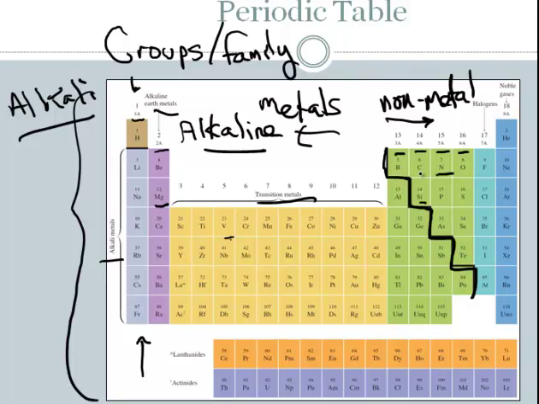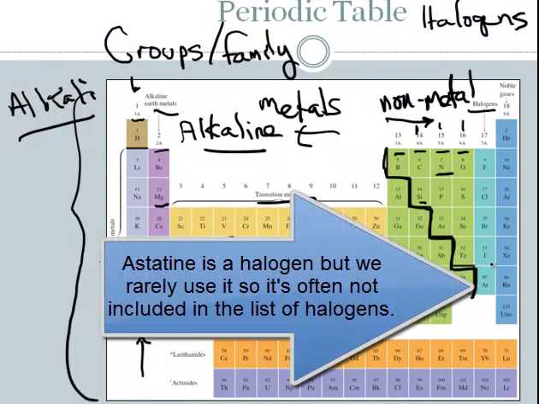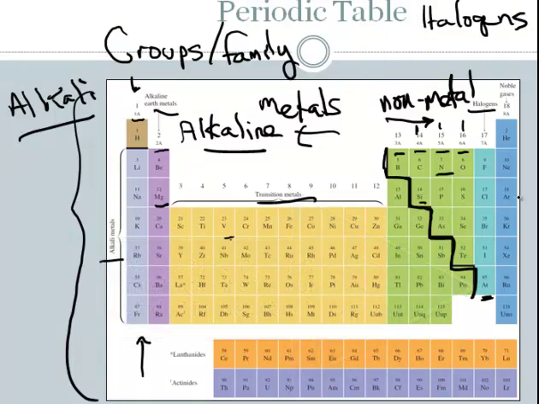And then we have our carbon group, our nitrogen group, our oxygen group, and then we have the halogens. The halogens are typically fluorine, chlorine, bromine, and iodine. Typically when we talk about the halogens, we're talking about those 4 elements. And then on the end, on the right, we have the noble gases.